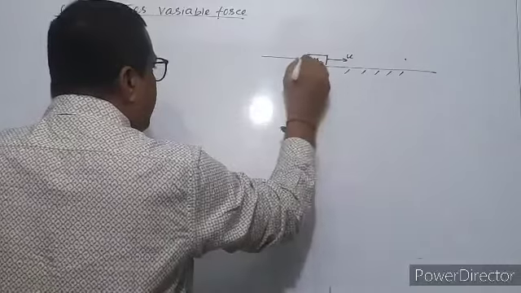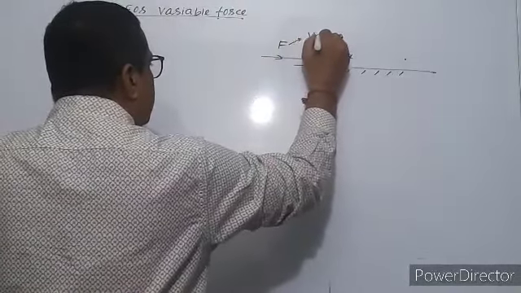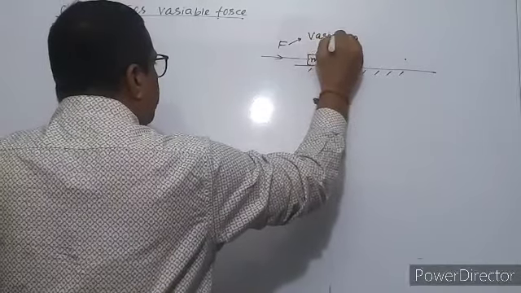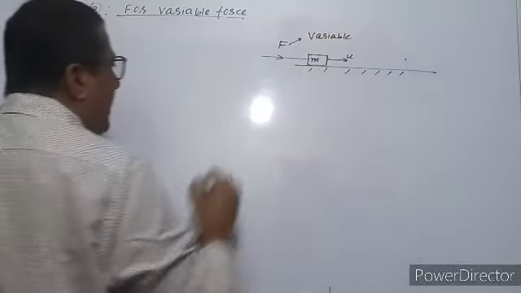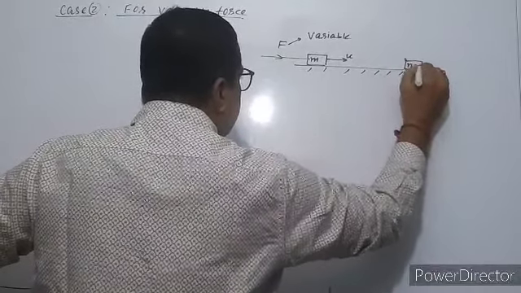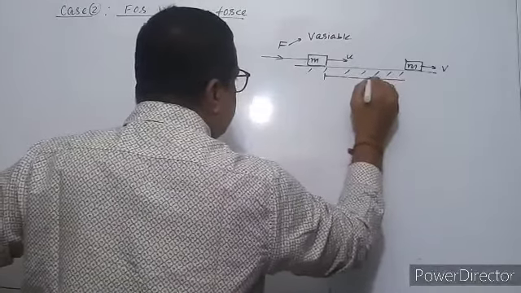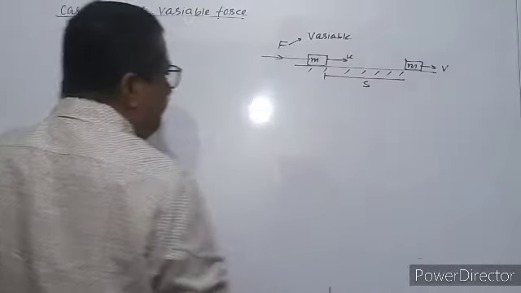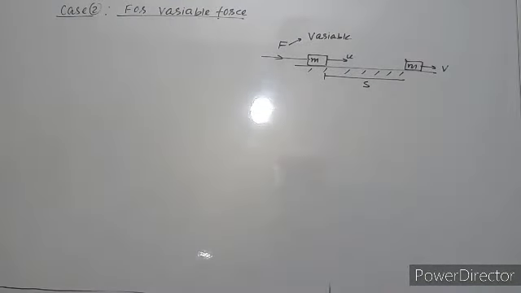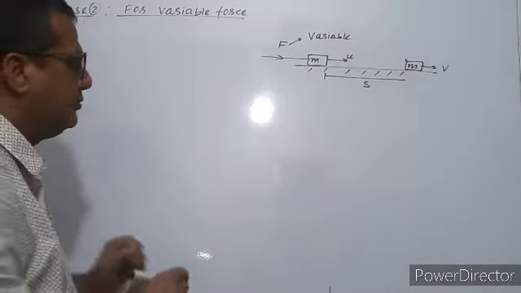When we apply a variable force, the body reaches this position and here velocity is v and the distance covered is s. Now we have to find the work done due to variable force.